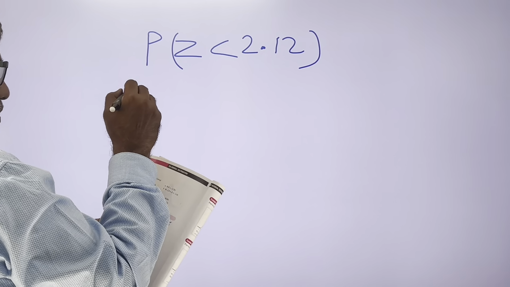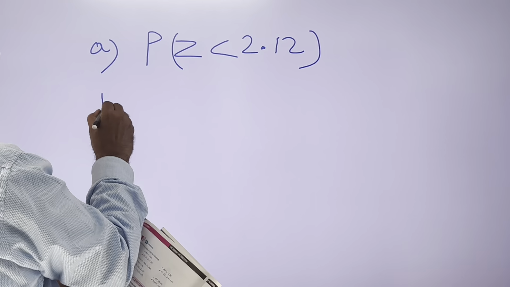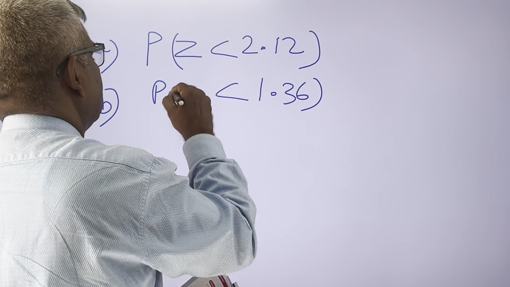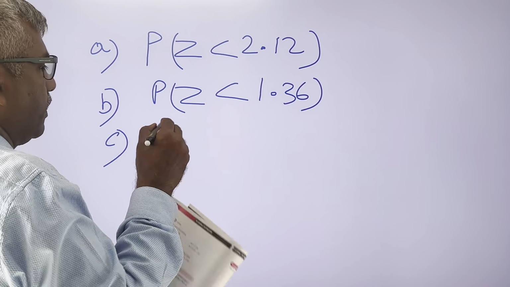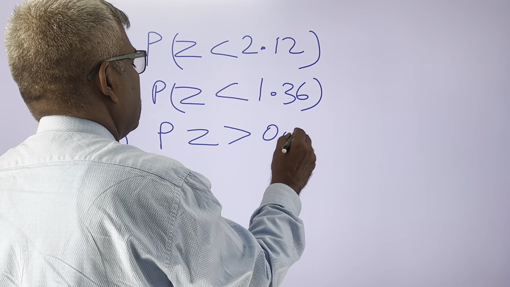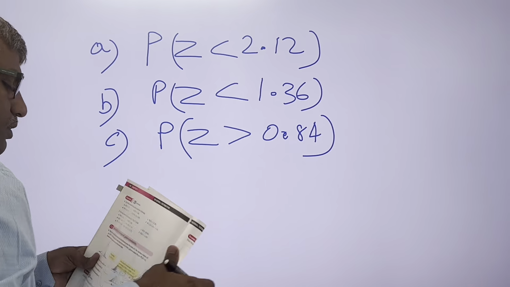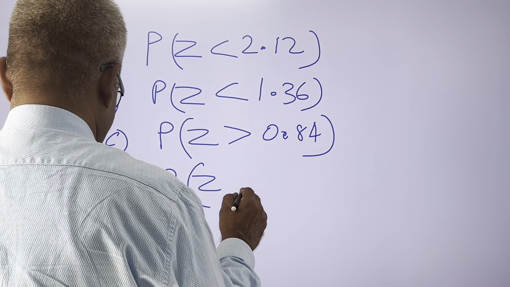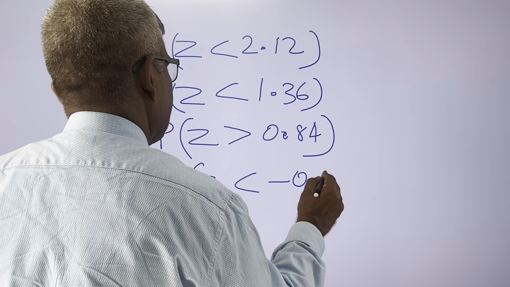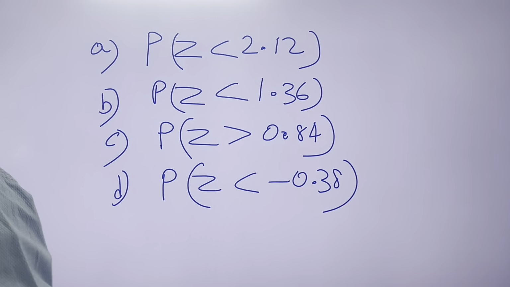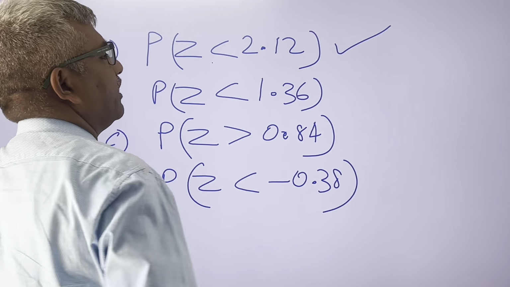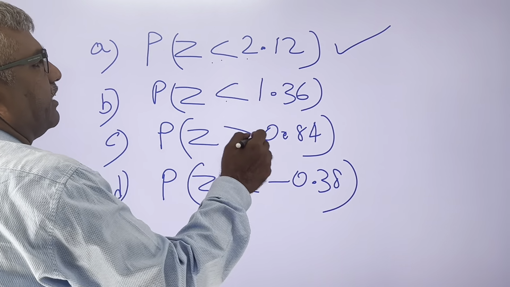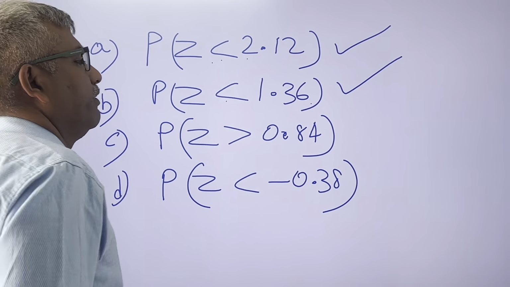Okay, this is 1A, 2A, B, C, D. Z is less than 2.12. Directly take the values from the table 1. Very simple, because it is less than, there is no negative. Less than, no negative. Directly take from table 1.